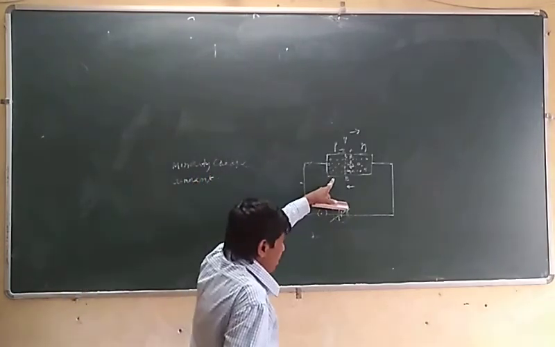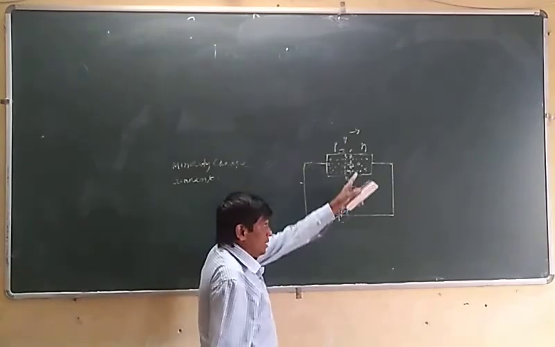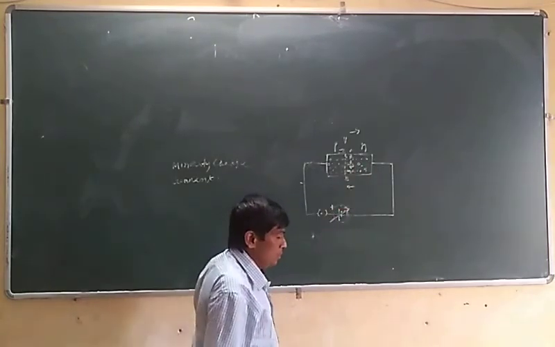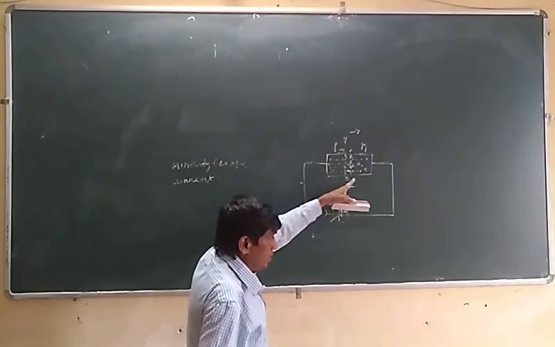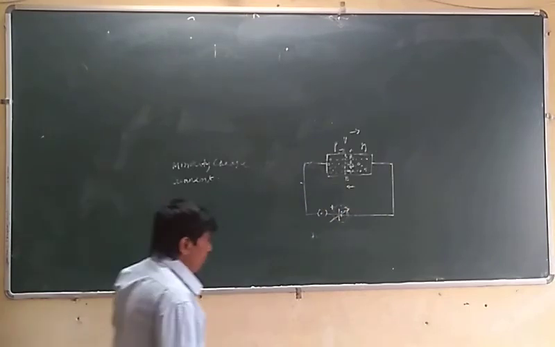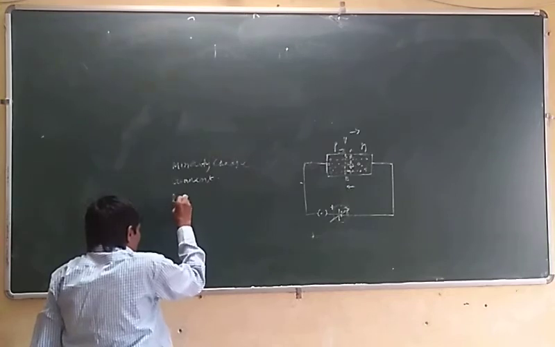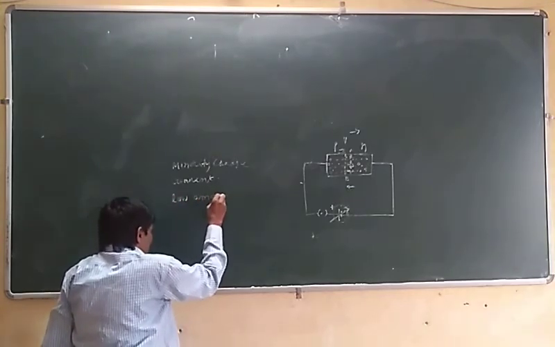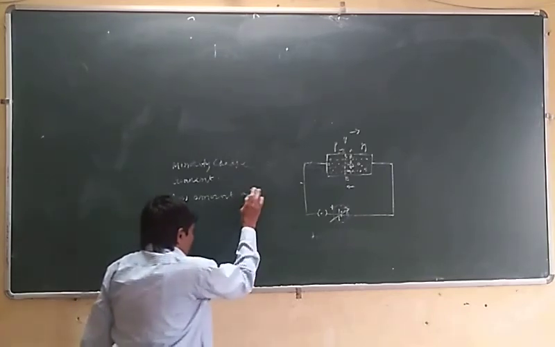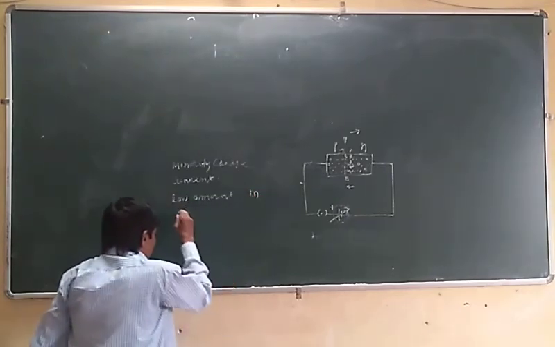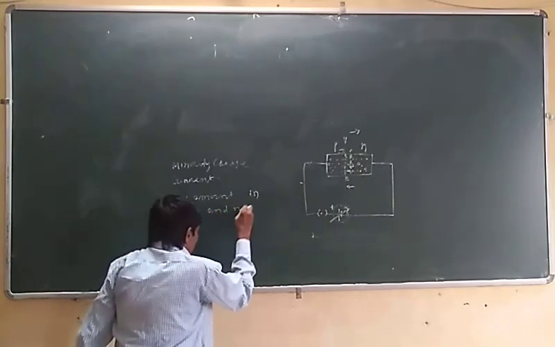The minority charge carrier of the p side is the electron, and the minority charge carrier of the n side is the holes. So electrons and holes, these minority charge carriers on both sides, are in a very, very low amount in p-type and n-type.